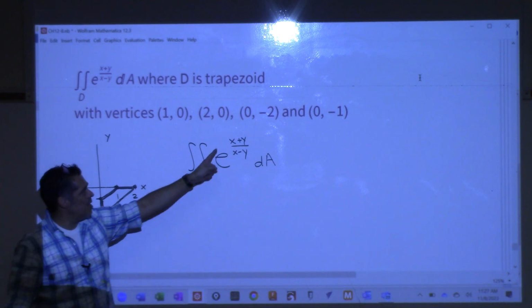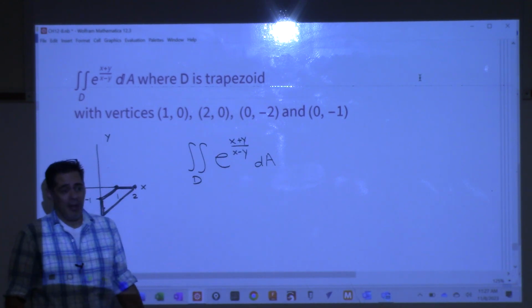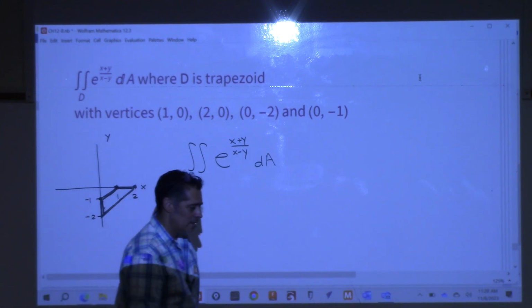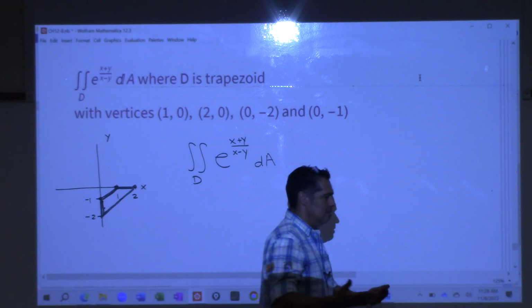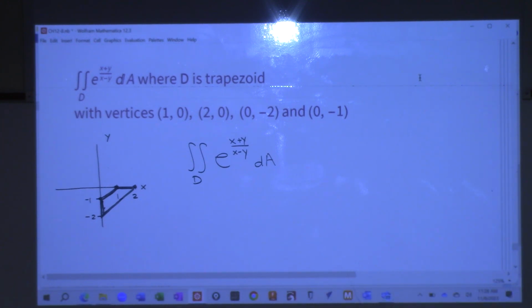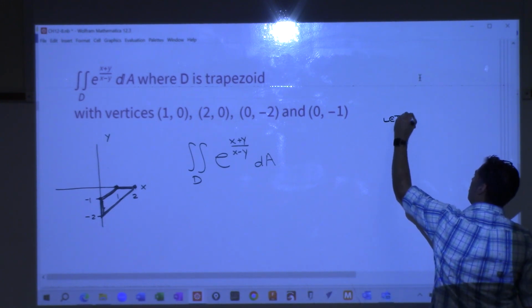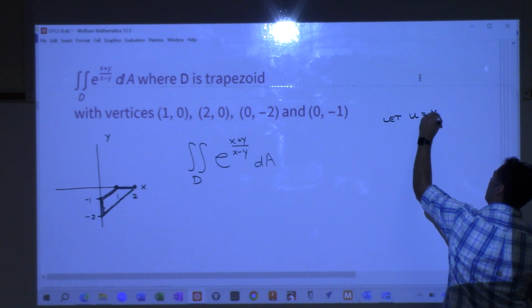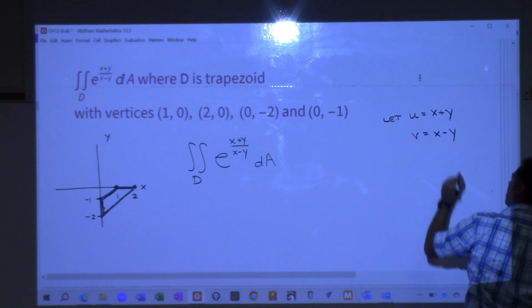So I'm going to let the top of this be u and the bottom be v, and just see what happens and hope for the best. Honestly, there's no guarantee it's going to work. I know it's going to work, but if this was the first time I were doing the problem, I wouldn't know. Okay, so let u equal x plus y. Let v equal x minus y.